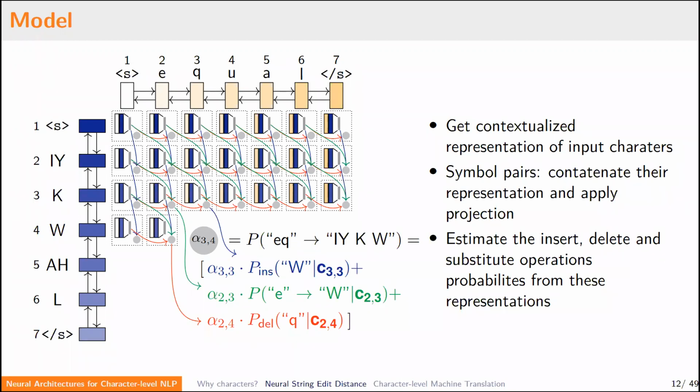Now these are probabilities, these are not the costs. And we multiply it by the individual operation probabilities instead of summing the individual costs. And this is basically how the model works at inference time.